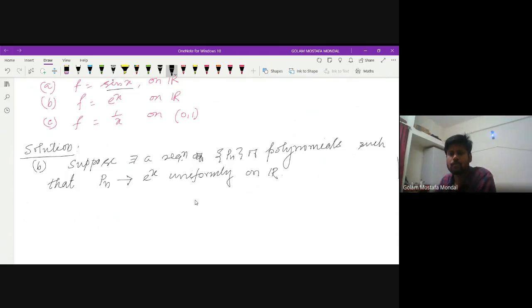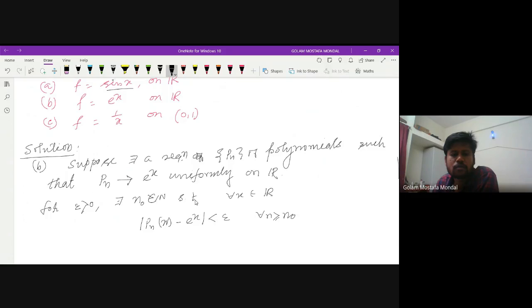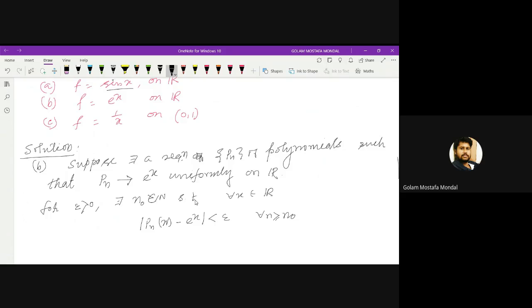So then, by definition, for every epsilon greater than 0, there exists n naught belonging to N such that for all x belonging to R, |Pn x minus e to the power x| is less than epsilon. So put n equal to n naught.